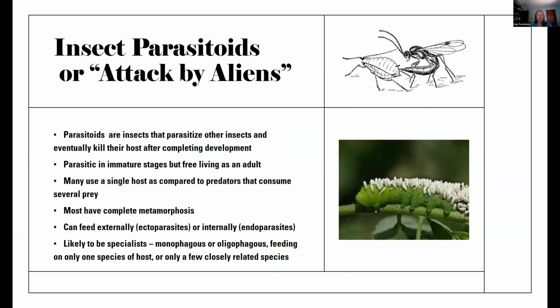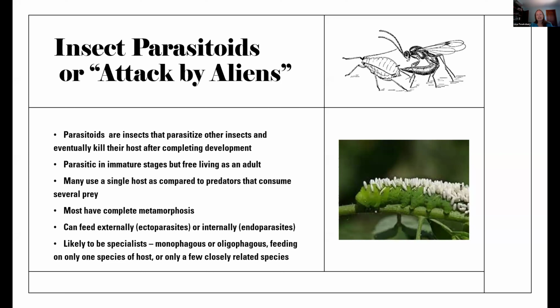So here's that little discussion of parasitoids, or attack by aliens. Sort of the idea of that movie where something emerges. That's kind of what happens with parasitism. So you see a small wasp in the upper right that's parasitizing an aphid.